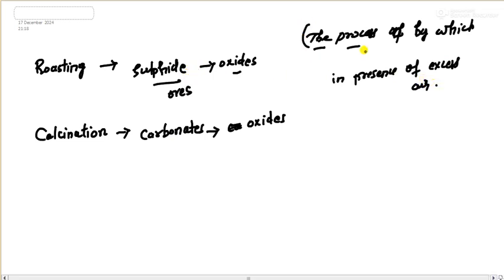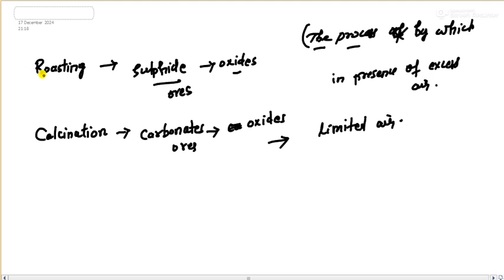Calcination is the same: the process by which carbonate ores are converted into oxides by heating in the presence of limited air.